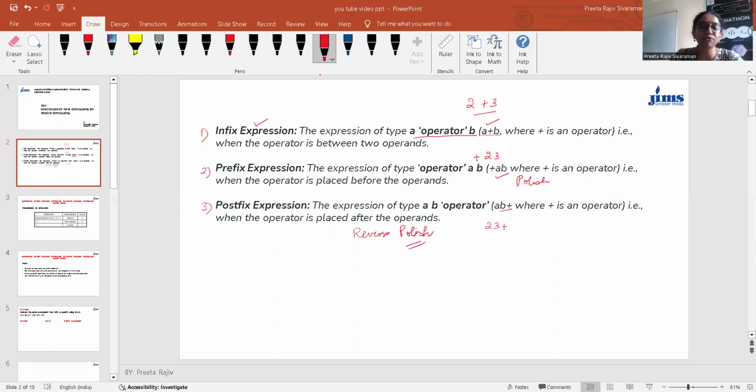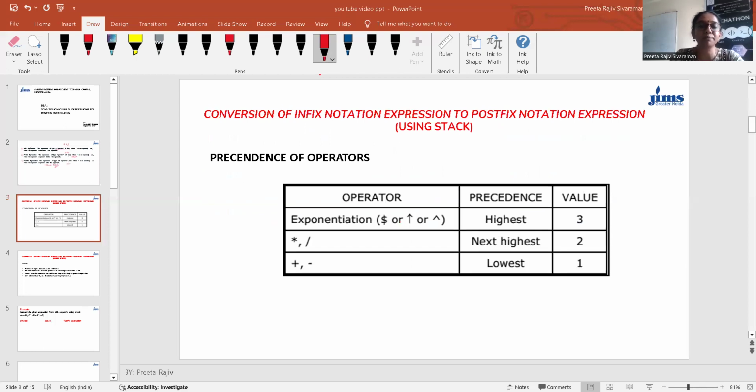Now, before we start with the conversion from infix to postfix expression, let us first understand the priority of the operators, or what we call the precedence of operators. The highest priority or precedence has the exponential operator.